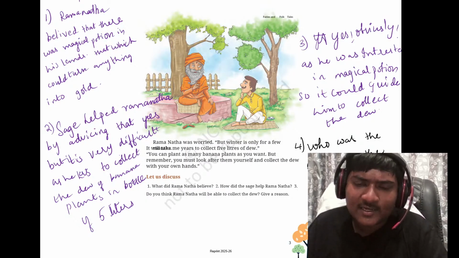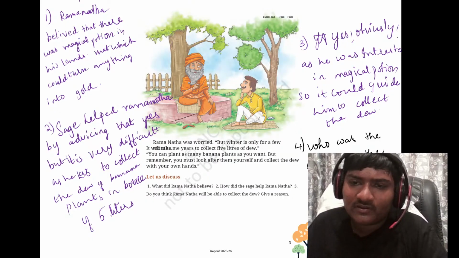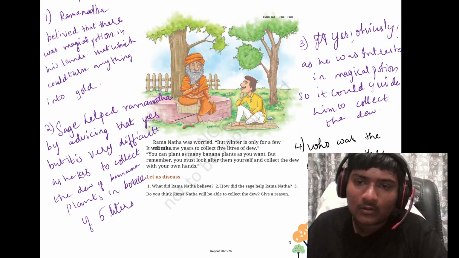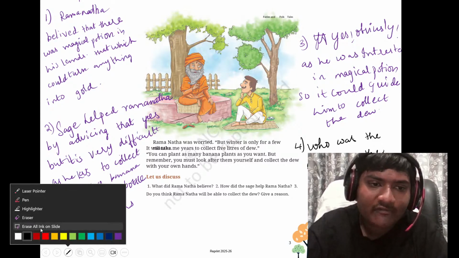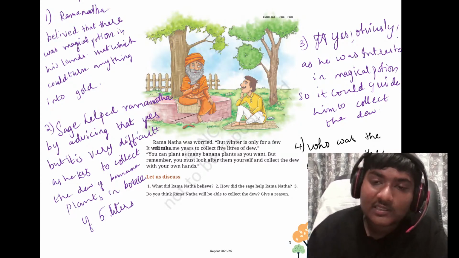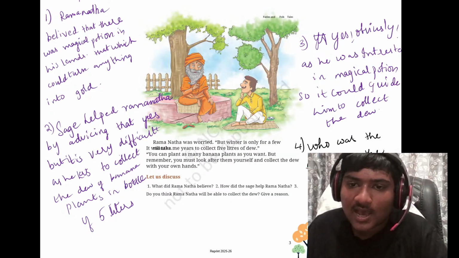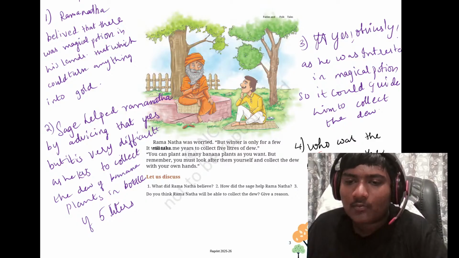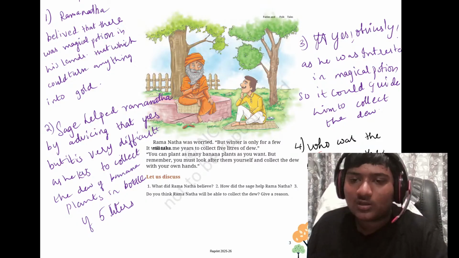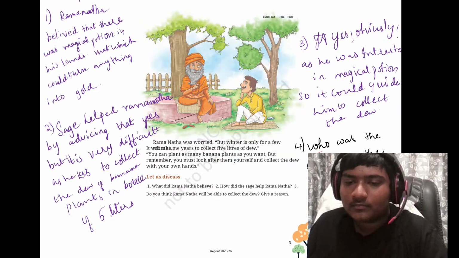Can you understand the lesson name now? A Bottle of Dew. Underline the keywords which help to boost your confidence. Yes. Here arrives the answer. Sudhamurthy was the author of the story.